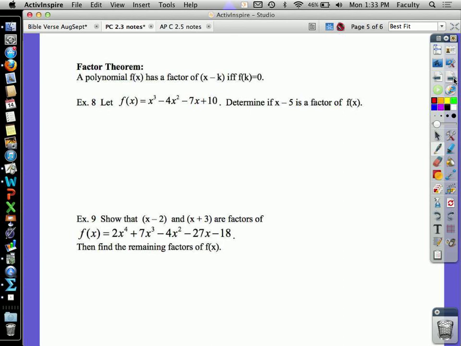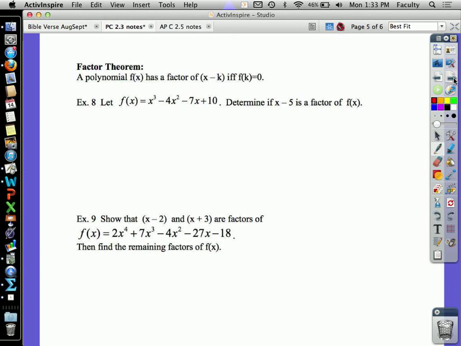It's saying x minus k is a factor if f of k equals 0, right? So how will I know if x minus 5 is a factor of f of x? Stephanie? You could substitute 5 for x. Good. One way is to substitute 5 for x and see what we would want to have happen. Have it equal to 0.